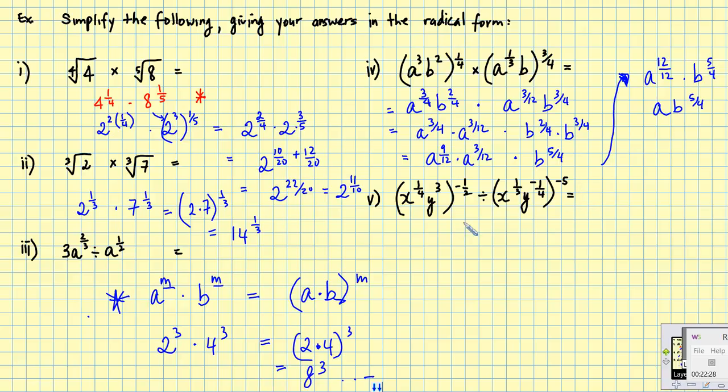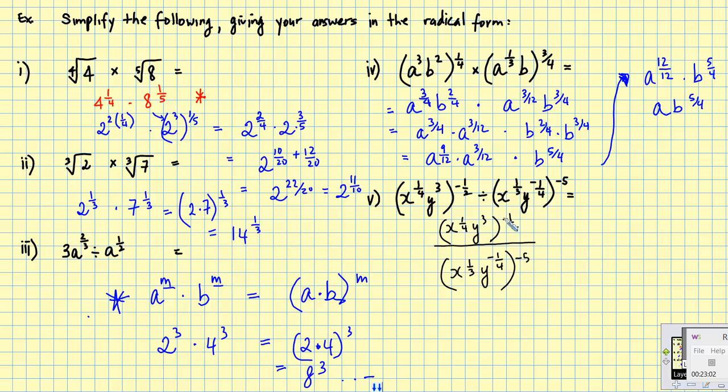Okay, so working this problem out, let me just rewrite that. x to the 1/4 y cubed, raised to the power of -1/2, divided by x to the 1/3 y to the -1/4, raised to the power of -5.